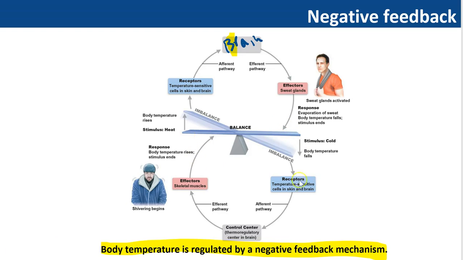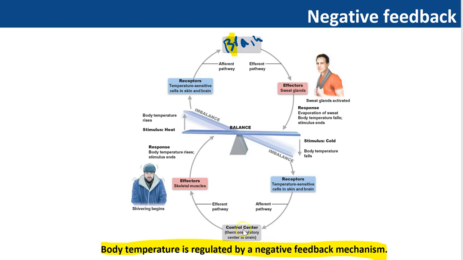Okay, look at the other scenario. Just do not forget, our body temperature is normally 98.6 degrees Fahrenheit. When your body temperature falls below the norm, the sensor informs the temperature control center in the brain that body temperature has decreased.